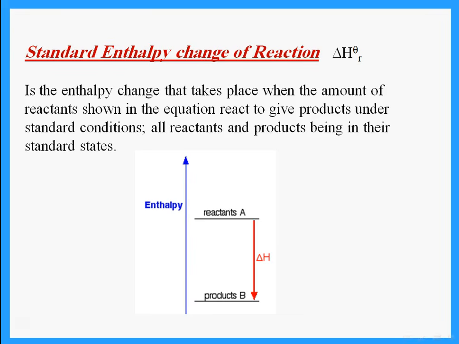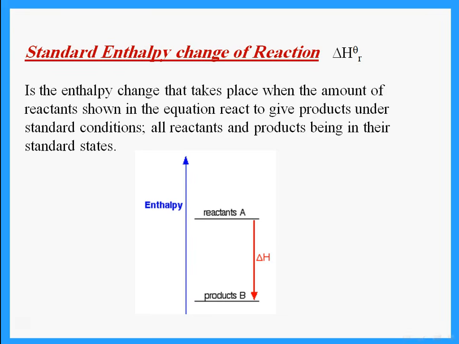Now, there are different types of enthalpy changes, and you are required to memorize the definitions, or at least to understand them so that you can write what each definition means. We have something called the standard enthalpy change of reaction.